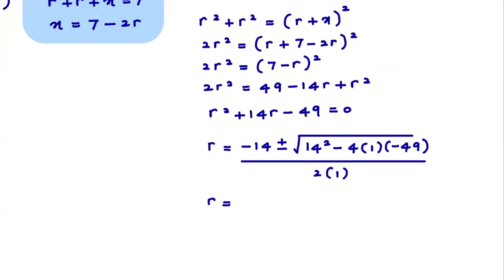My first answer is 2.90, and my second answer is negative 16.90. Of course, the answer should be positive, right? r cannot be negative, so this one we ignore.